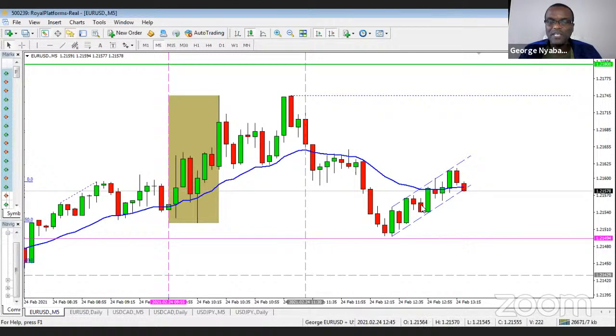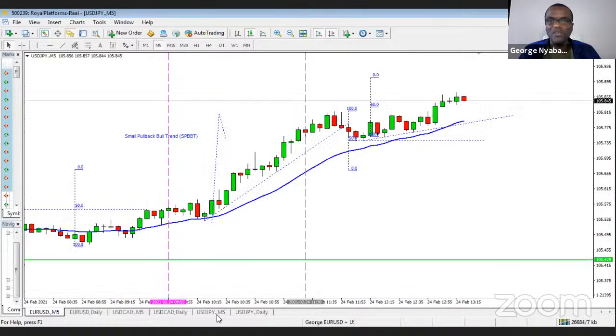As this formed, this pattern created is another example of a small pullback bull channel. Remember, we had this on the yen, a small pullback bull trend, where it's very hard to jump in. It's very hard to jump in if your strategy is to trade clear pullbacks to the moving average.